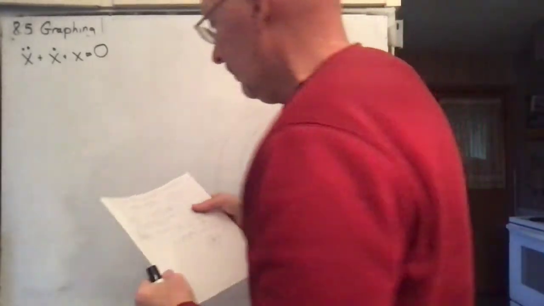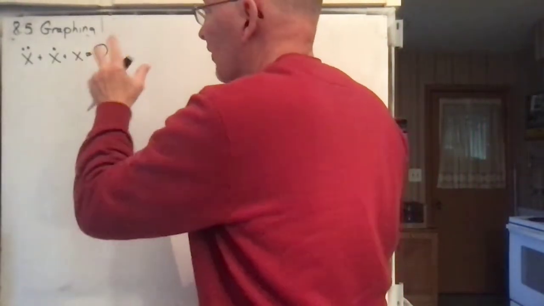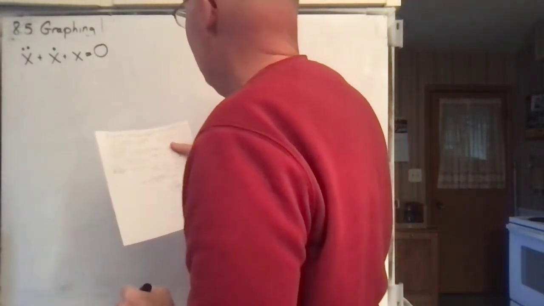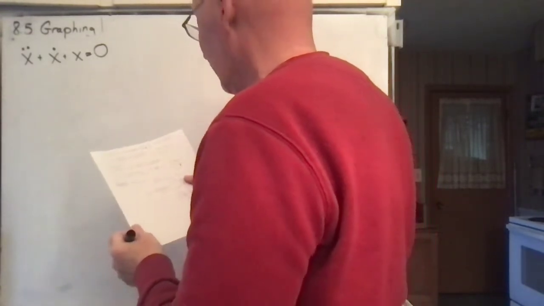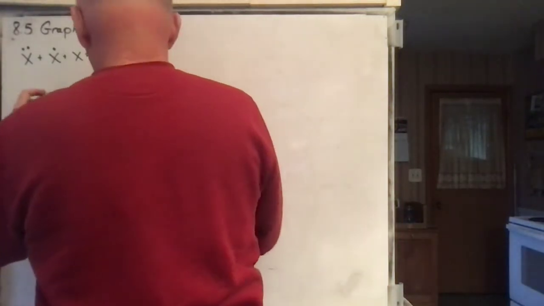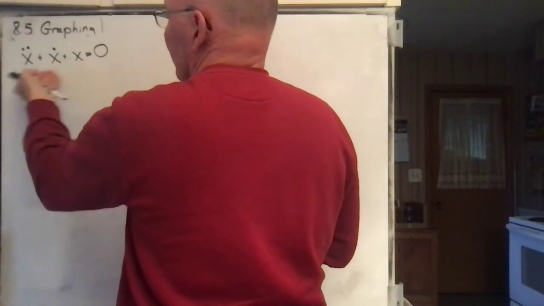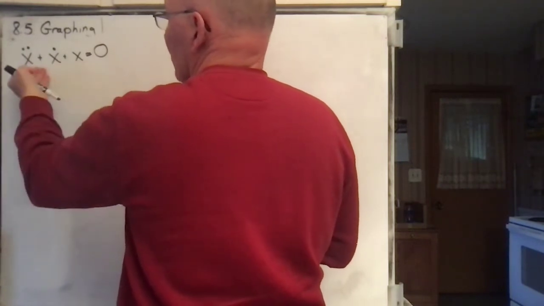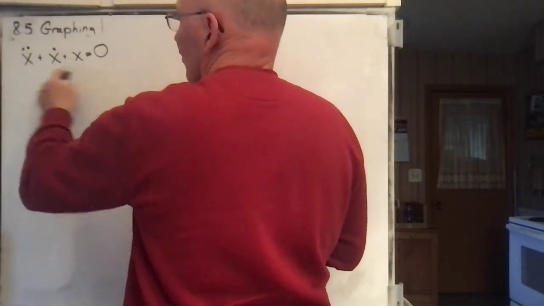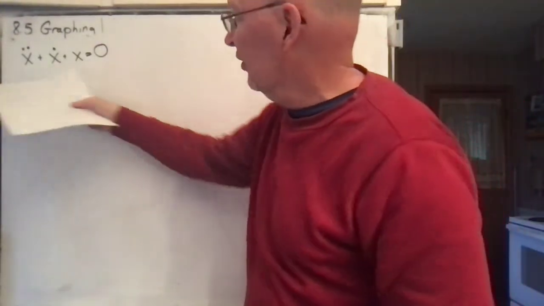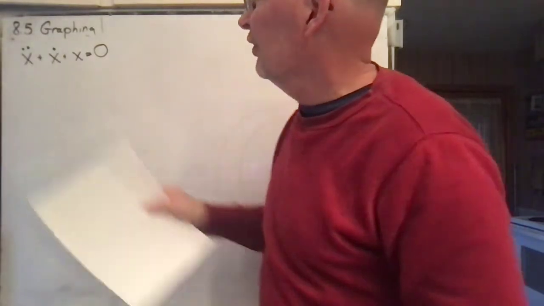Let's see what happens if we solve this with a system of differential equations. Here's how we're going to do it. This is something I did in an earlier section; I'm going to do it again. Notice this is a differential equation of second order with just one function. I'm going to change it into a system of first order differential equations.